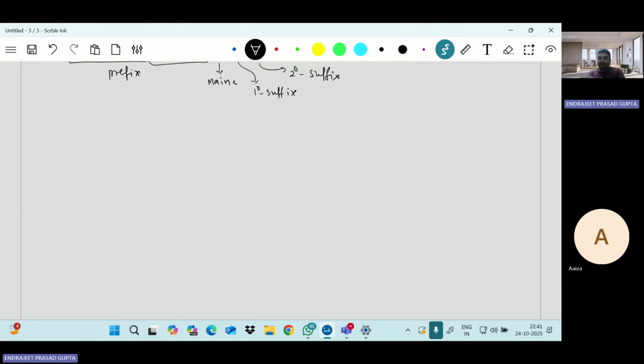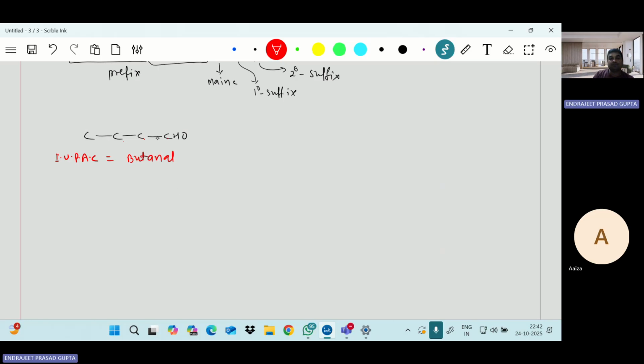Now you can see, if I'm taking the example of, suppose, CCC and CHO if you are writing, the IUPAC nomenclature will be 1, 2, 3, 4 carbons, so it's butanal.